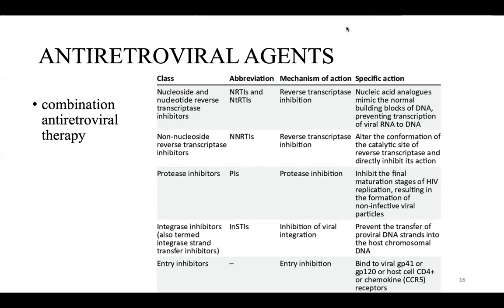Administration of combination antiretroviral therapy, typically comprising at least 3 antiretroviral agents, has become the standard of care. Viral susceptibility to specific agents varies among patients and may change with time owing to development of resistance.